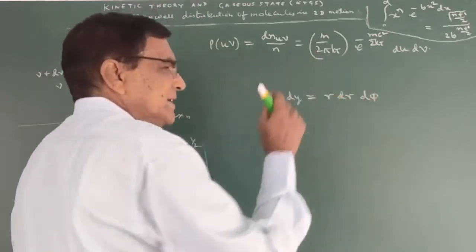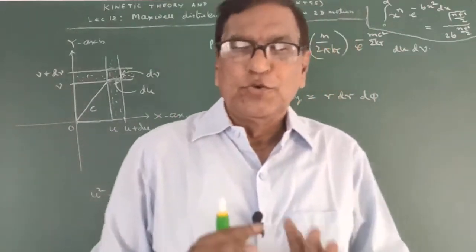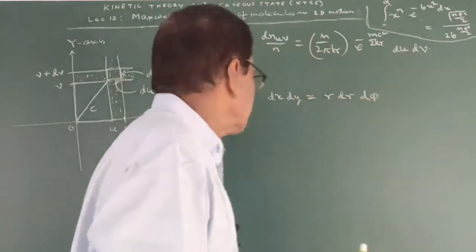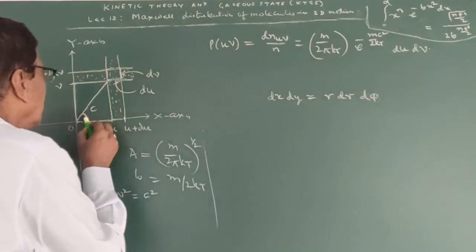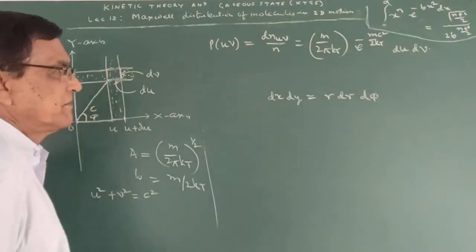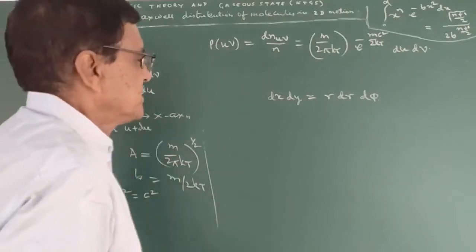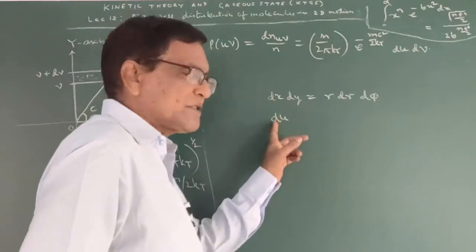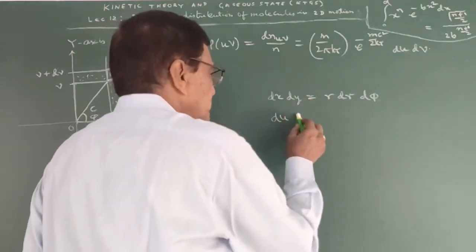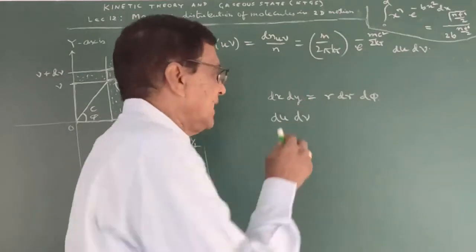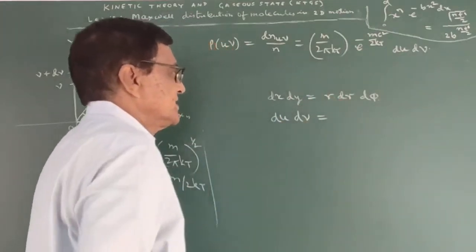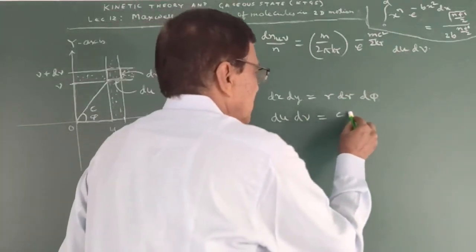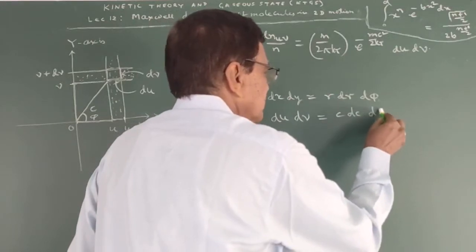You know phi is the azimuthal angle whose range is 0 to 2 pi, and r is the radial distance. So in velocity space, dx will be replaced by du, dy replaced by dv, and the radial distance is replaced by c, so c dc d phi.